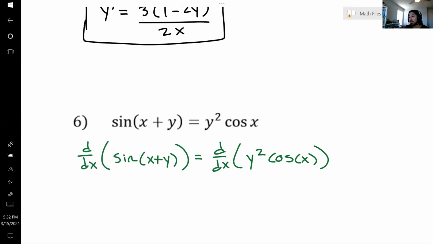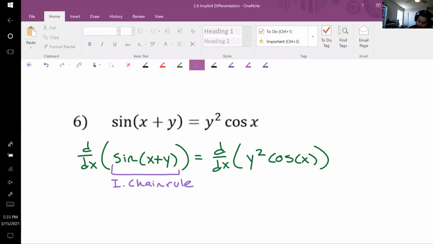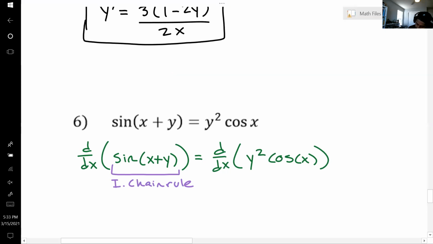Okay. So the left side, sine of x plus y, this is going to use an implicit chain rule. So when we do the implicit chain rule, well, we look at the outside function. What is the derivative of sine? Cosine.